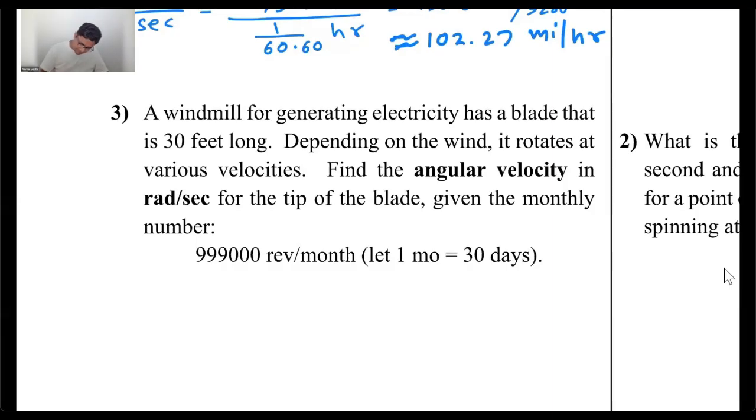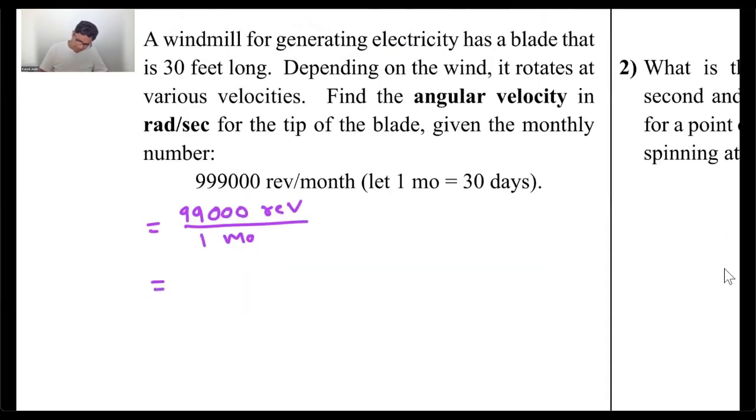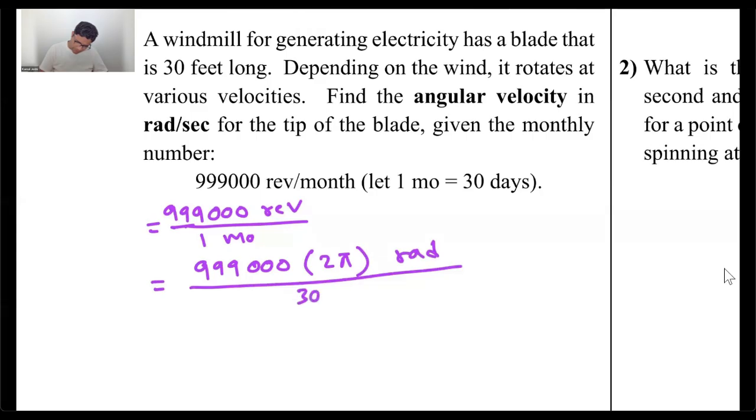Okay. So this is 999,000 revolutions per month. Convert to radians per second. Now one revolution is 2 pi radians, and 1 month is 30 days.